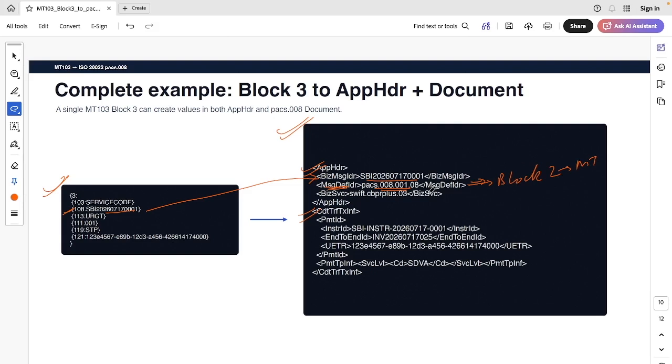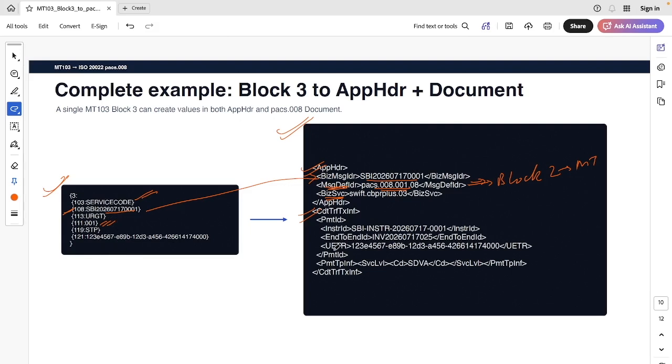Third is your business service. Business service basically identifies the applicable business service or usage guideline. The exact value must come from the current service configuration. However, depending upon the condition, it may also come from field 103 and field 111. It will depend upon the conditions of implementation.